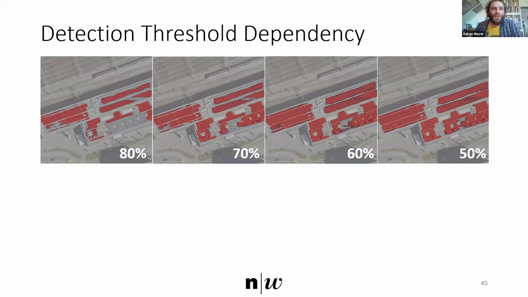It's pretty clear that what is covered, for example, with an 80% detection threshold, is definitely a solar panel, whereas with 50% or lower, you might cover areas that are not solar panels anymore. So what you can do is use multiple of these images and calculate an integrative measure for each pixel and say, okay, combined with various other data sets, this pixel has this and this chance of being an actual solar panel.